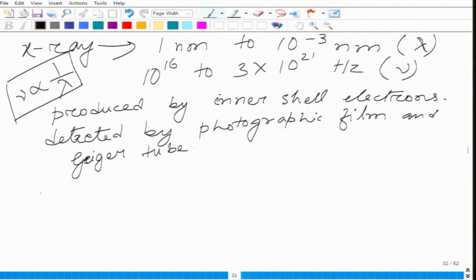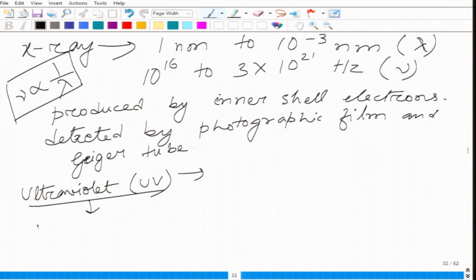Now the next one is ultraviolet or UV. You know that UV rays are very harmful, and the ozone layer protects us from the UV rays of the sun.